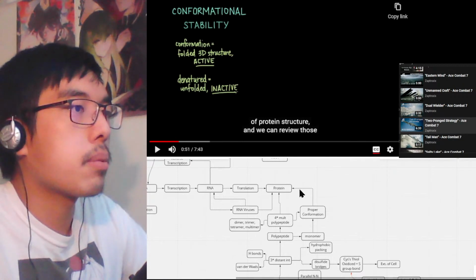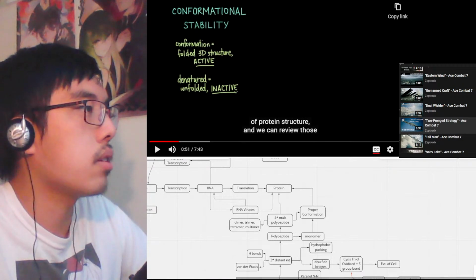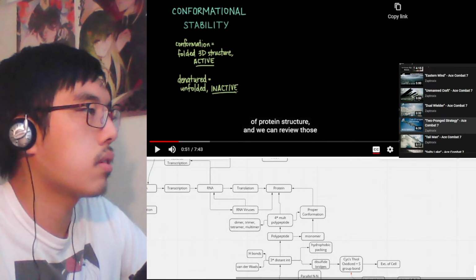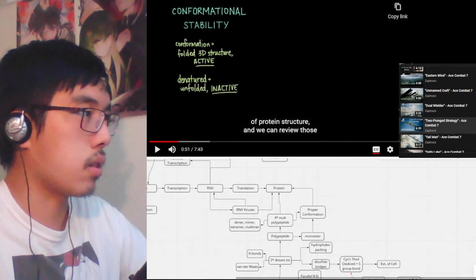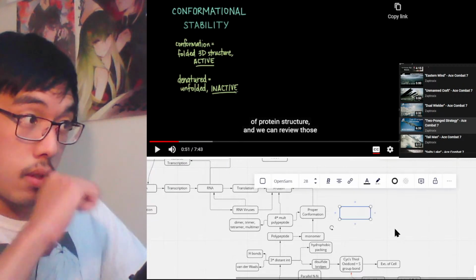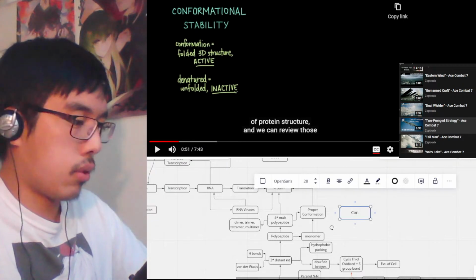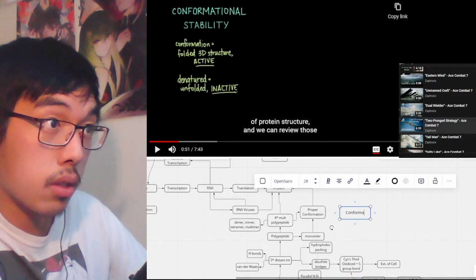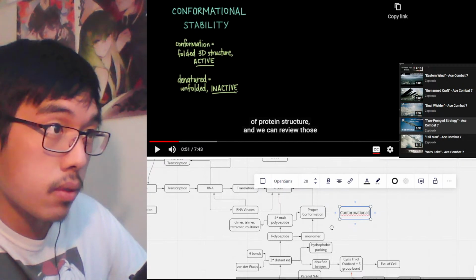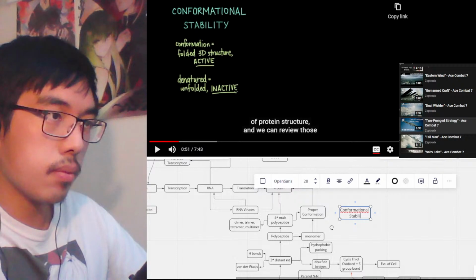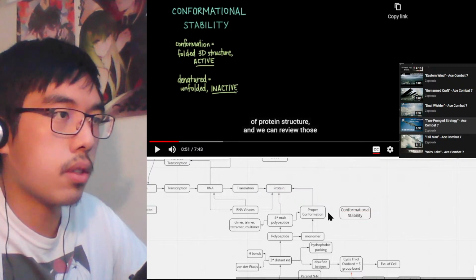Okay. Proper conformation or conformation stability. Well, I mean, not interchangeable, but conformation stability confirms proper conformation is stable. So I'm just going to put it out here.